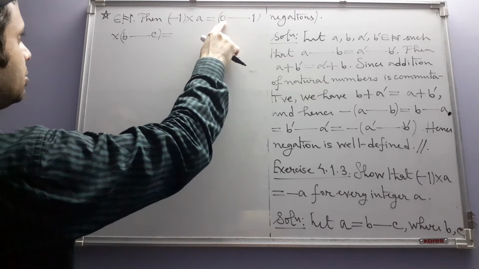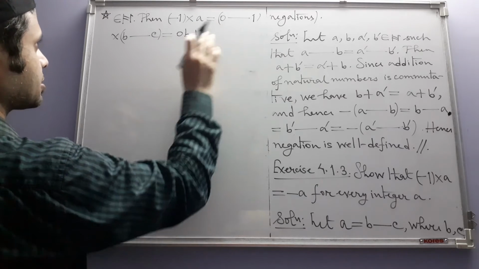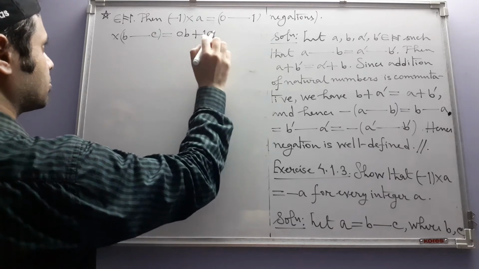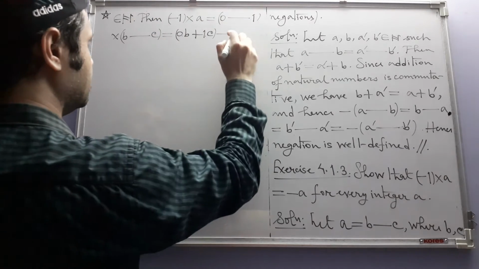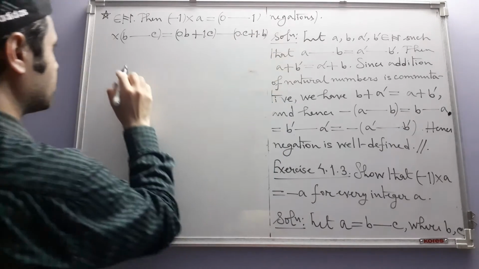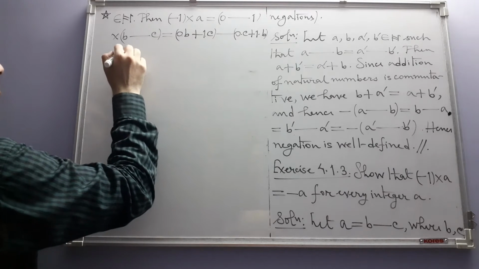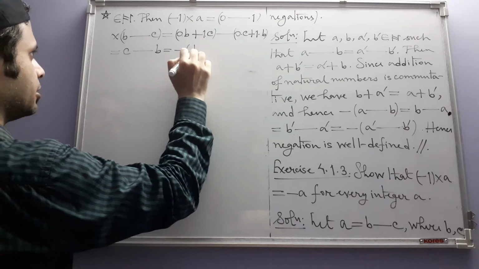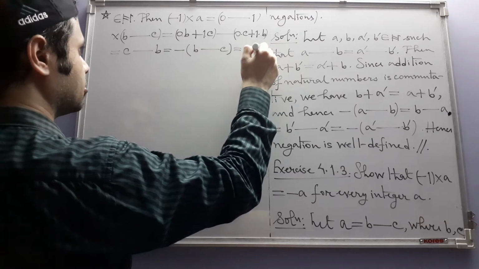So it becomes 0 times b, 0b plus 1c dash 0c plus 1b. So this is equal to 0b is 0, 1c is c, so this is c dash b, which is by definition of negation minus of b dash c, that is equal to minus a.